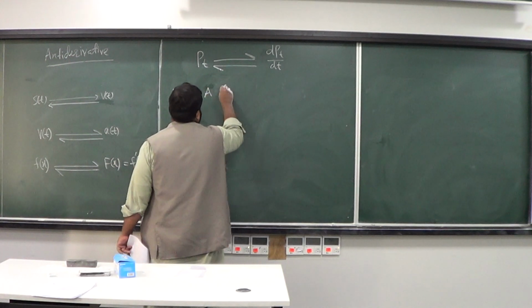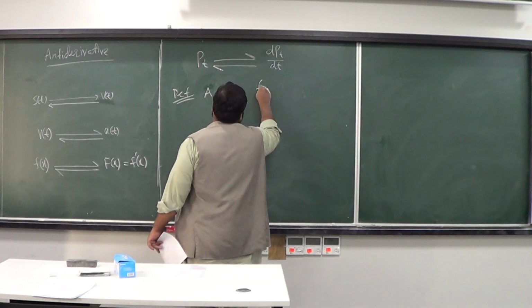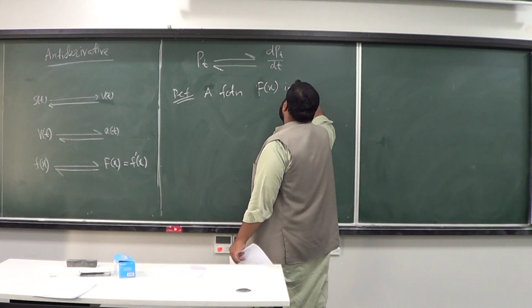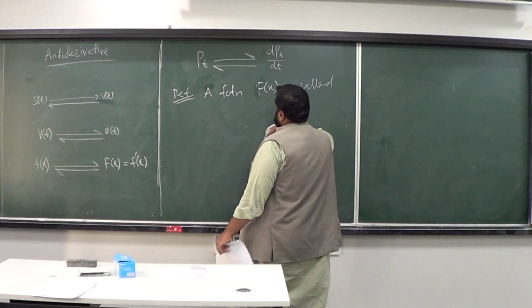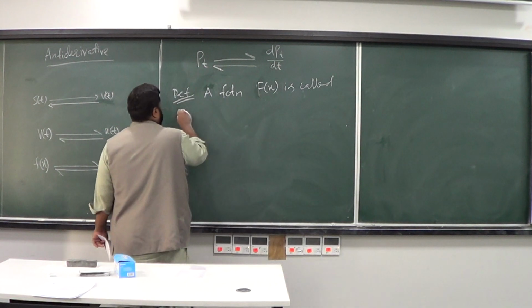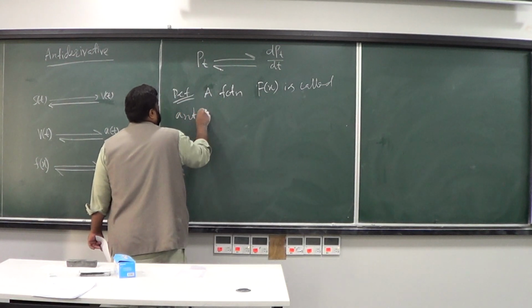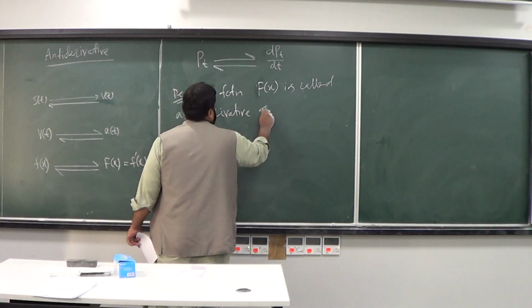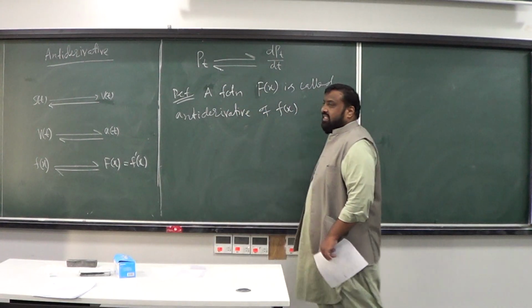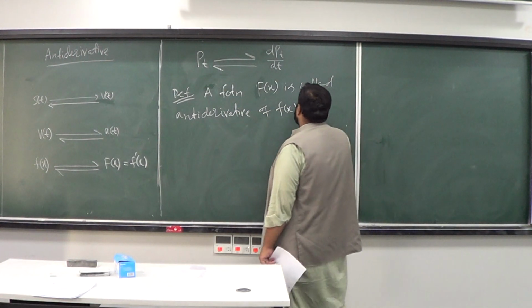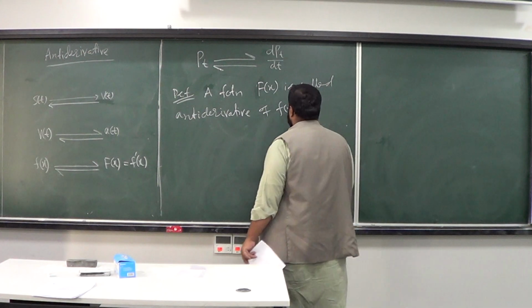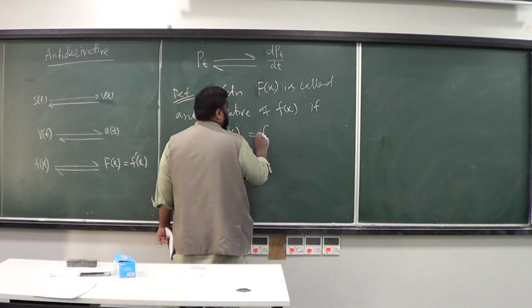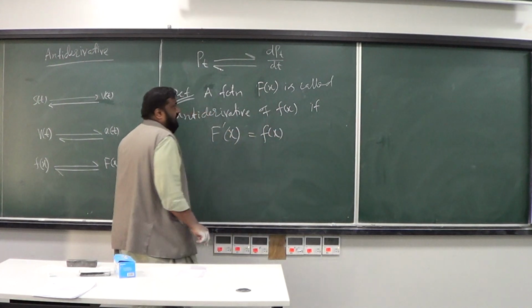A function capital F of x is called an antiderivative of f of x if I differentiate the function capital F and I recover the function f of x.